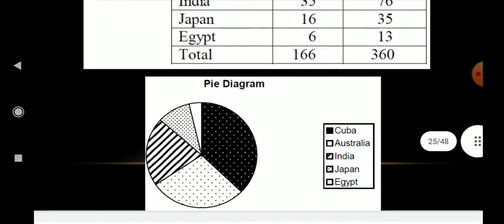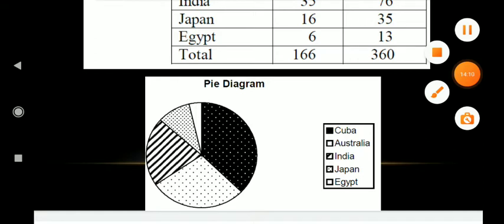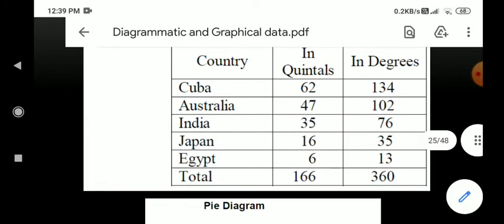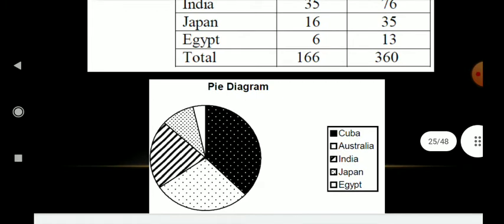So let's see, this circle I have drawn, this is the center. Now from here keep a protractor. Suppose your protractor is this way, with 0 here and 180 here, and now calculate where that 134 has gone.